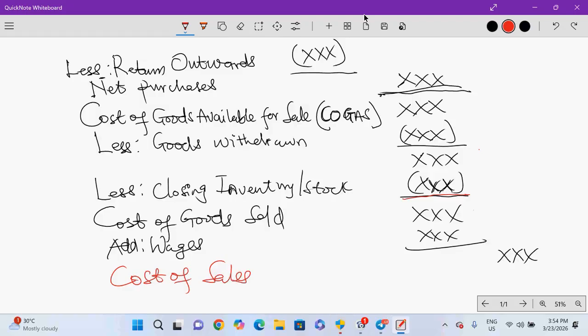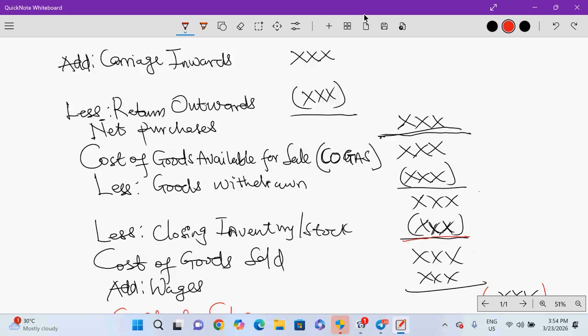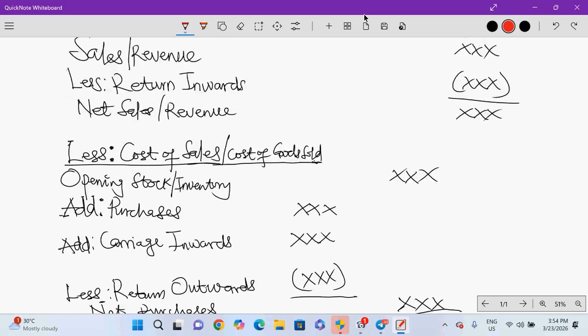Assuming there are no direct wages, the cost of sales is the same as the cost of goods sold. If there are wages, you add them to the cost of goods sold to get the cost of sales. So, ladies and gentlemen, this is what we want.